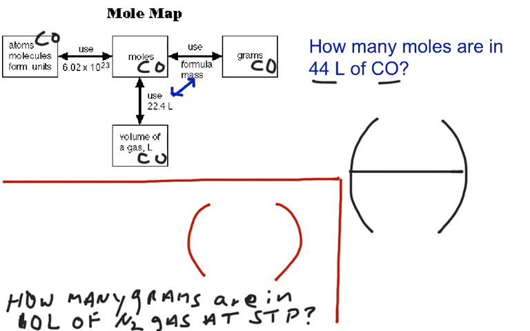We look at the question, it's asking us to find how many moles, so we're interested in here, right? And it says 44 liters of carbon monoxide. So liters, volume of gas at STP, we will look at the situation right here. We're interested in converting from here to here, okay? We are not interested in particles.